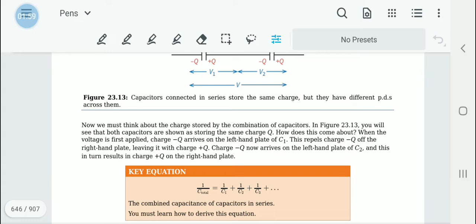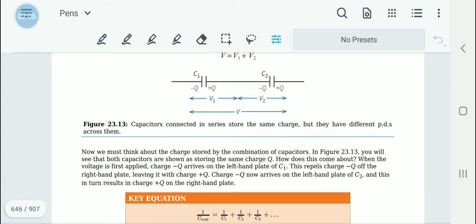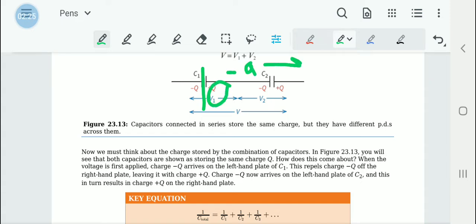The reason is, when a charge of negative Q arrives at this point, what happens is the repulsion of the charge that would be leaving here. Now this would become plus Q, and as a result minus Q would leave from here and enter this place, that is reach negative C2, and that continues as it is.